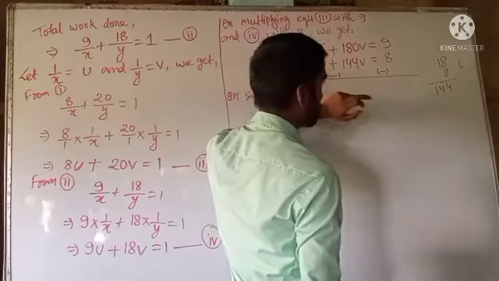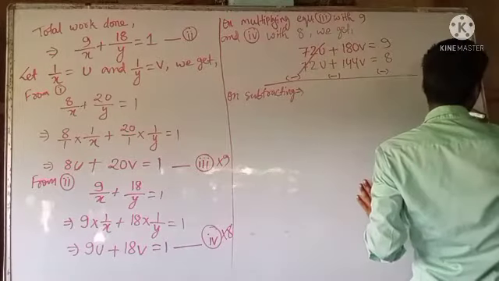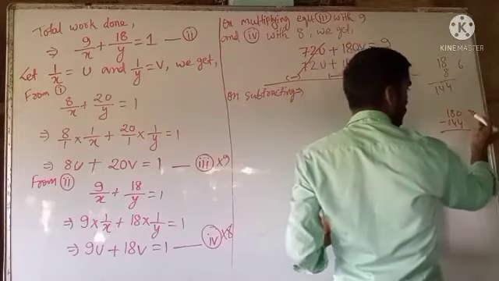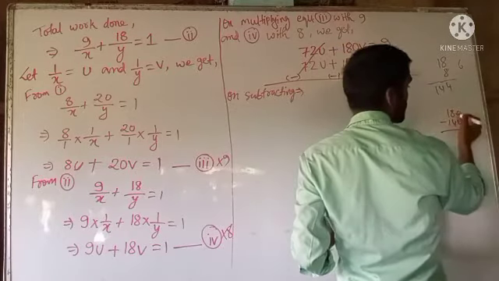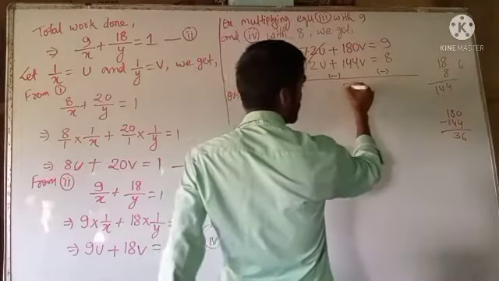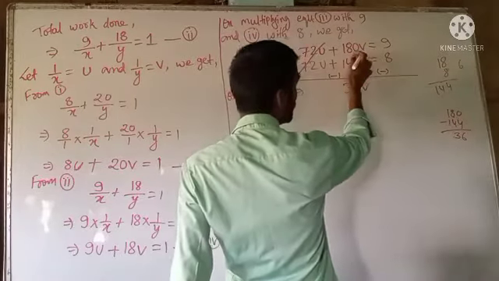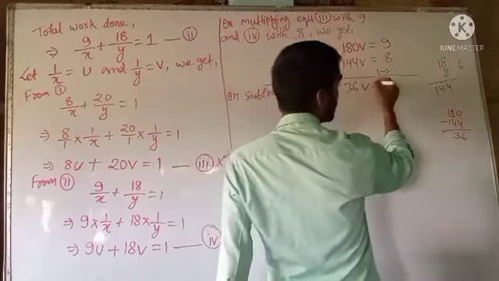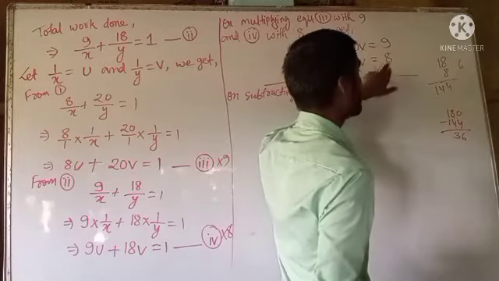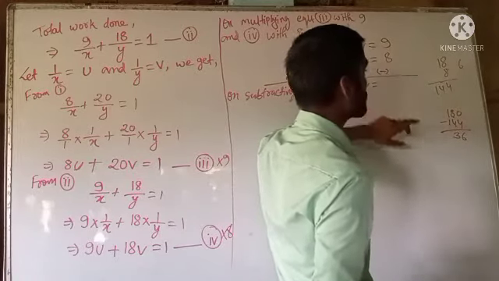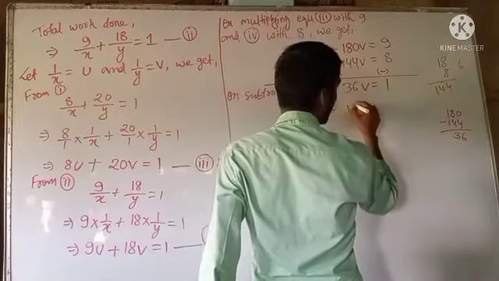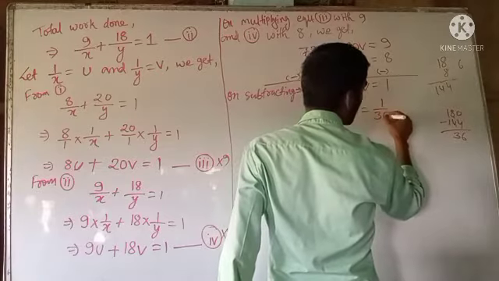So we will subtract 180 minus 144, we get 36v. And the sign of the greater integer is plus. So plus is equal to plus 9 minus 8, it is 1. So we got the value of v, it is equal to 1 by 36.